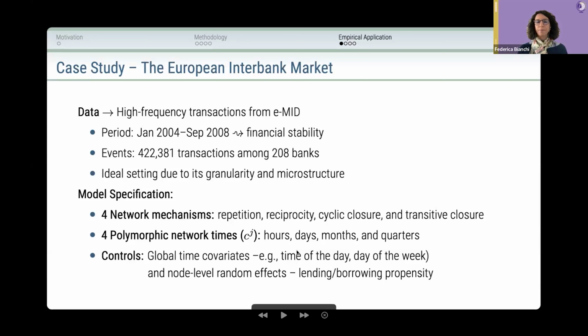Basically, every few seconds we observe a transaction. The period we consider ranges from January 2004 up to September 2008, right before the Lehman Brothers crash. The resulting event dataset is composed of more than 400,000 events.